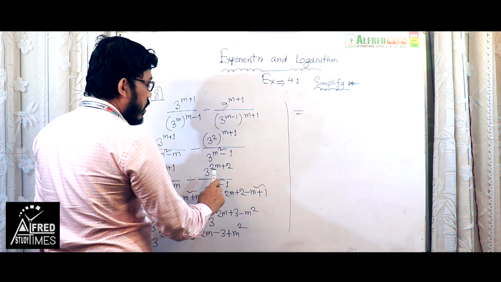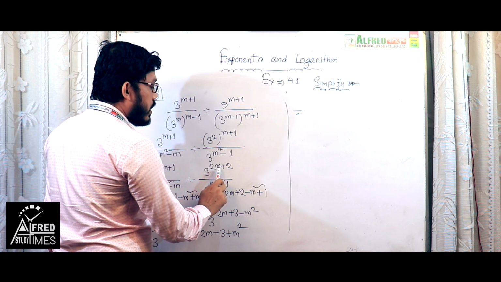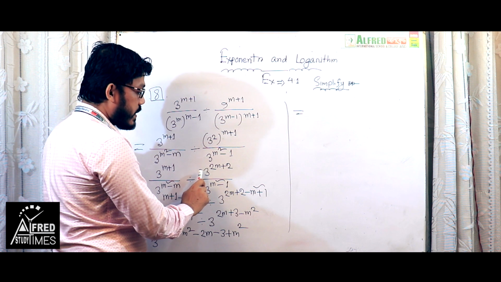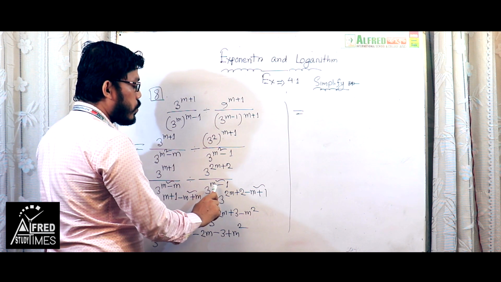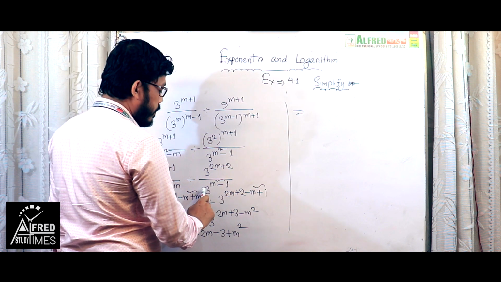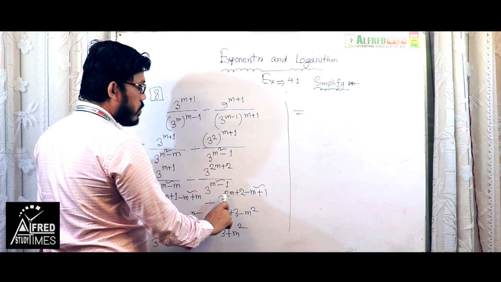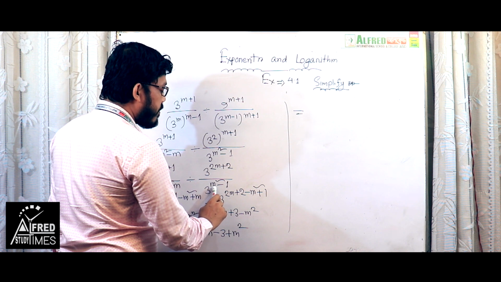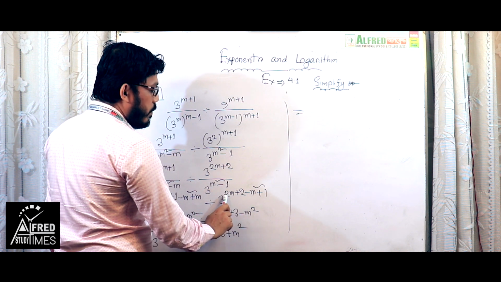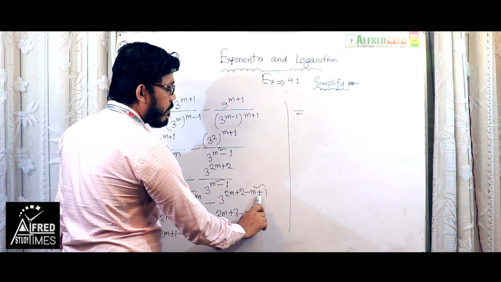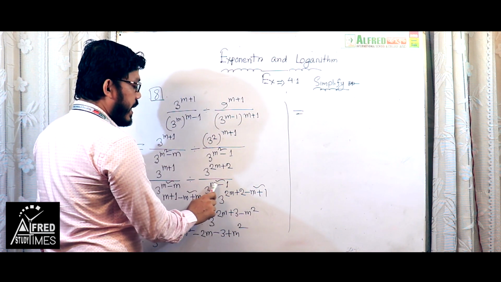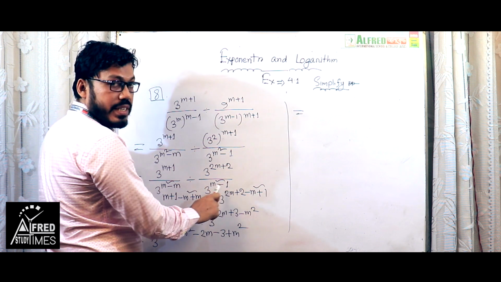Now we can subtract the power of denominator from the power of numerator. So subtracting m square minus 1 from 2m plus 2 will be 2m plus 2 minus m square plus 1. We have to change the sign of second elements after subtracting.